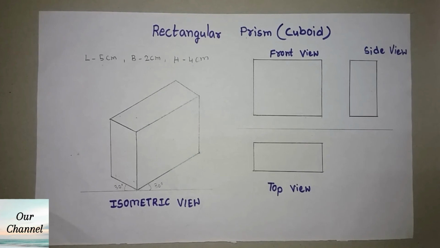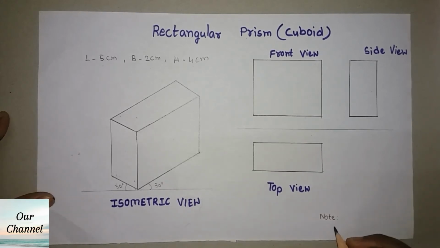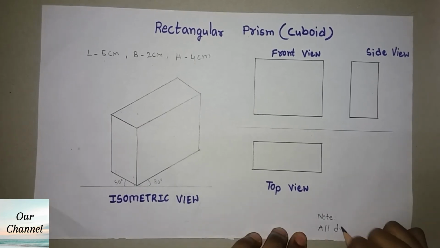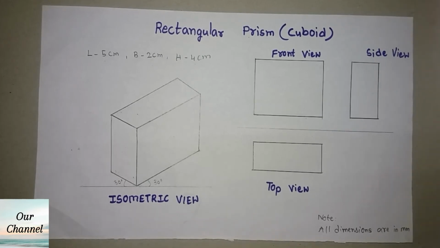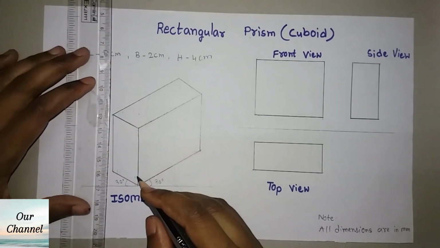You can do the dimensioning also, and whenever you are doing the dimensioning, you should write a note. Note: all dimensions are in mm. We should write the dimensions only in millimeters, and we should not mention mm on the picture.